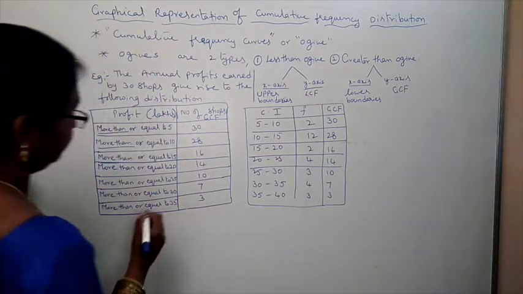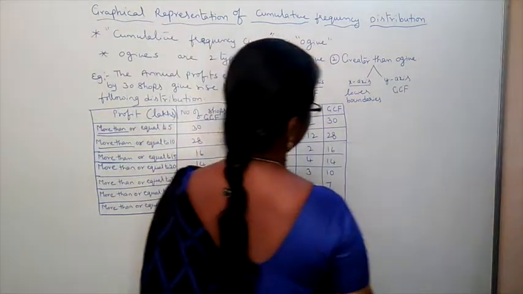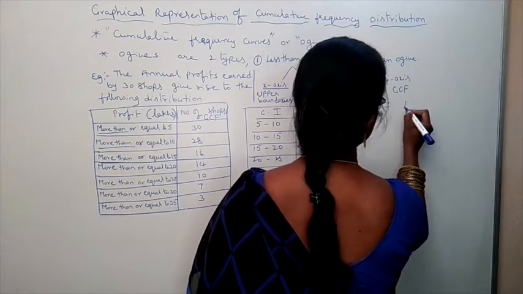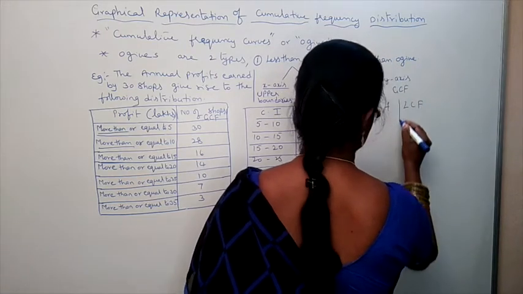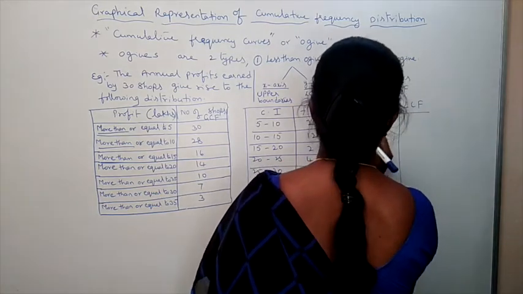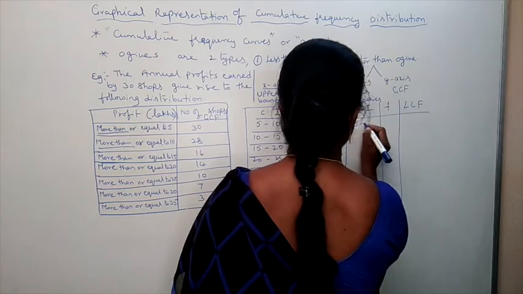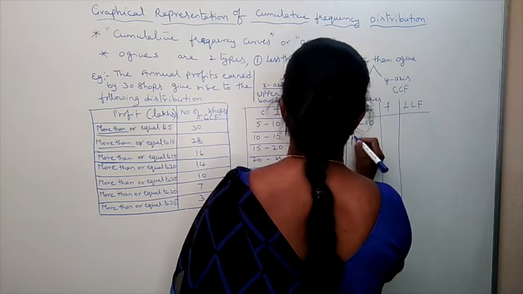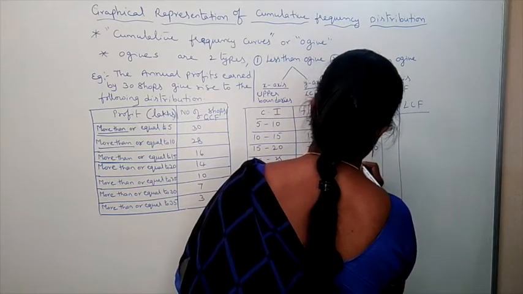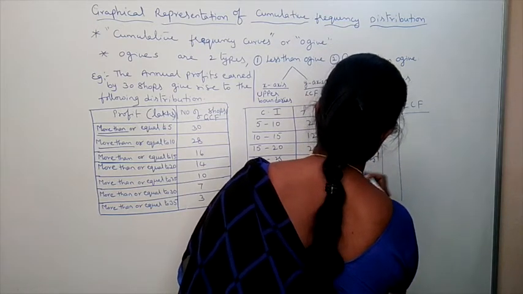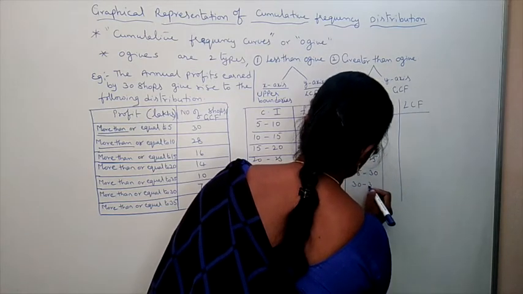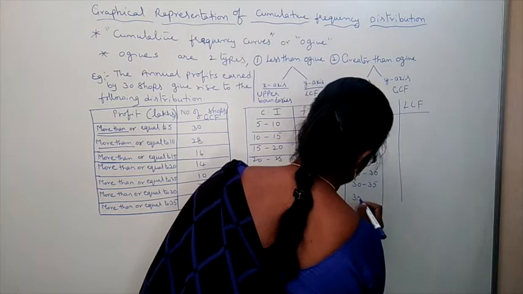The LCF table has class interval, frequency, LCF. The class intervals are 5 to 10, 10 to 15, 15 to 20, 20 to 25, 25 to 30, 30 to 35, 35 to 40.